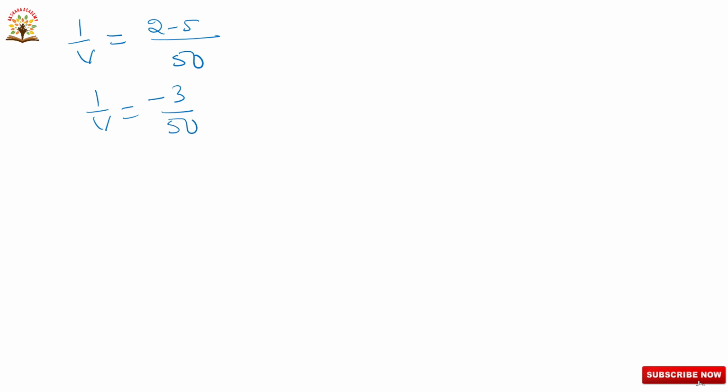So 1 by v is equal to minus 3 by 50, then v is equal to minus 50 by 3 centimeter.